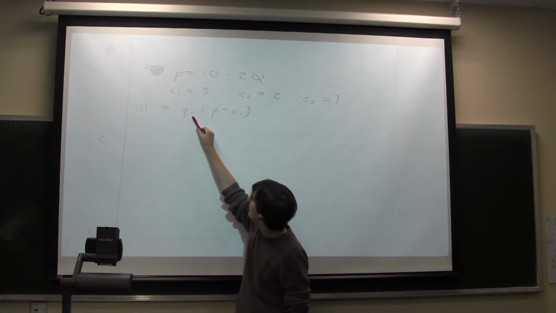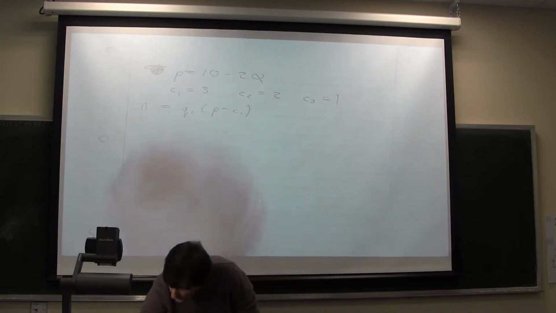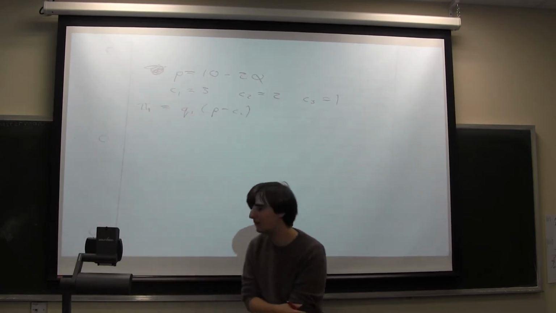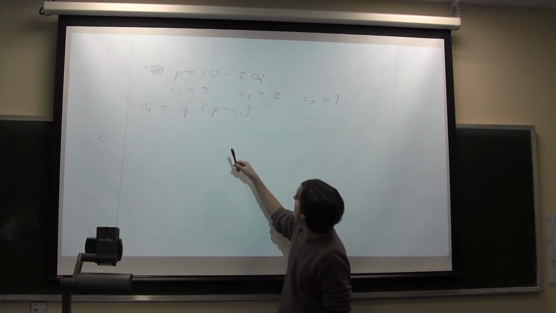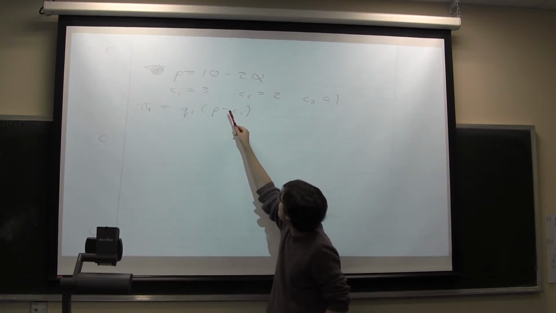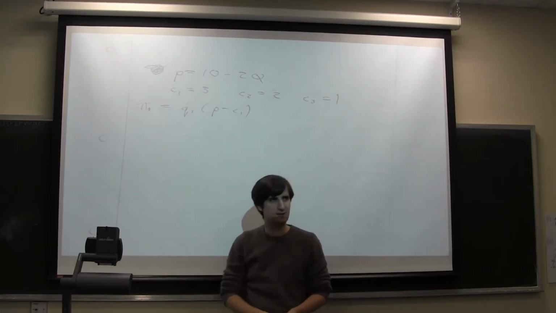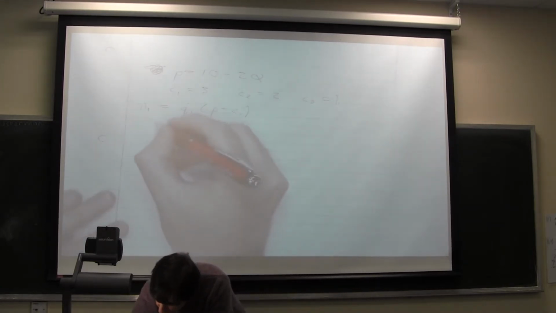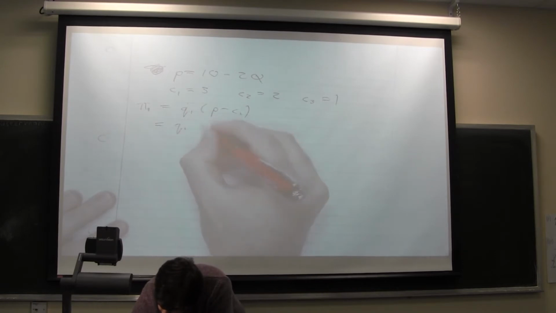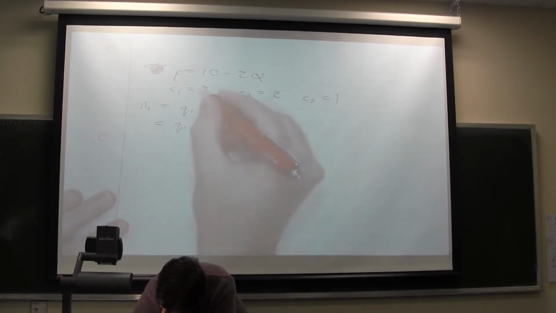So this is quantity produced by firm 1, marginal cost of firm 1, and profits of firm 1. We know what the price is as a function of total quantity, so the next thing we do is substitute in. So this is Q1 times (10 minus 2Q minus C1, which is 3).